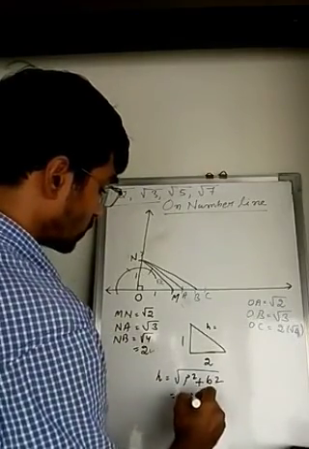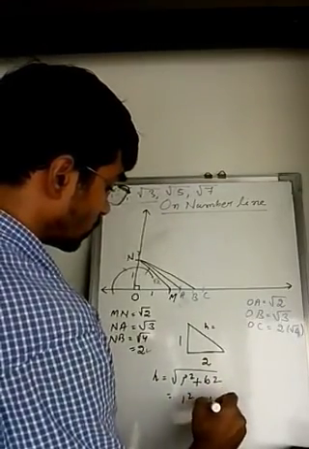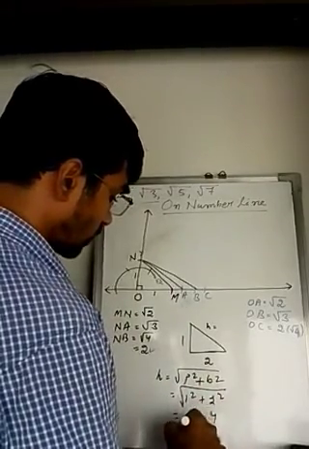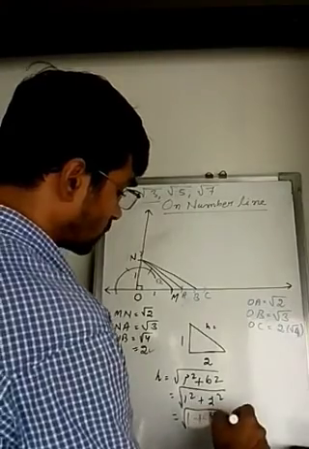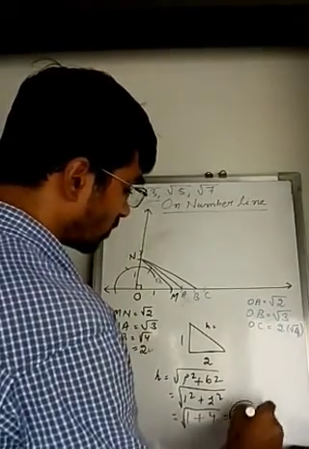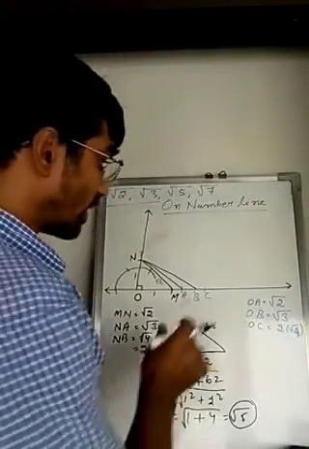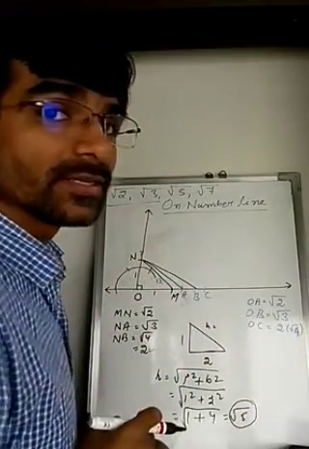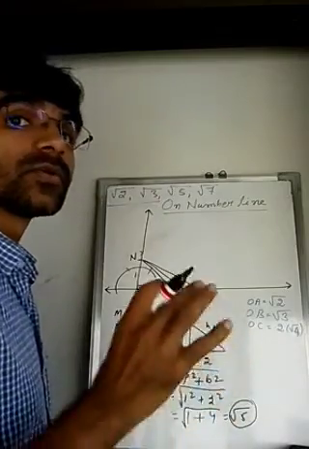P means 1 square, b square means 2 square. Now square root, so 1 plus 4 square root, that is square root of 5. If I take the base as 2 and the height as 1, then definitely I will get the hypotenuse as root 5.